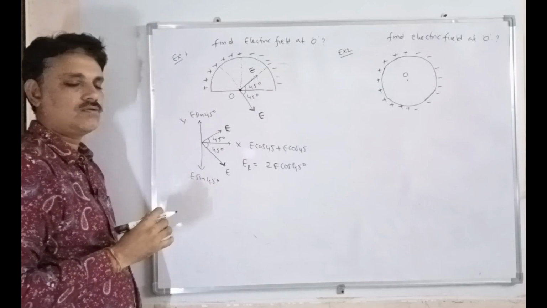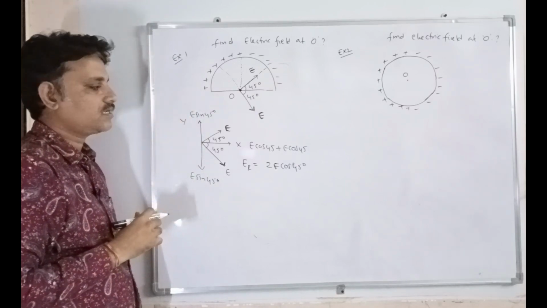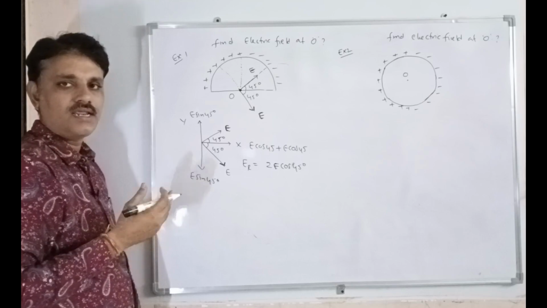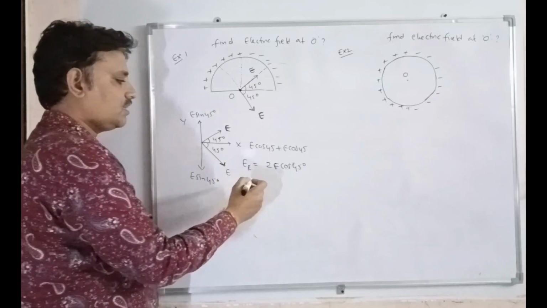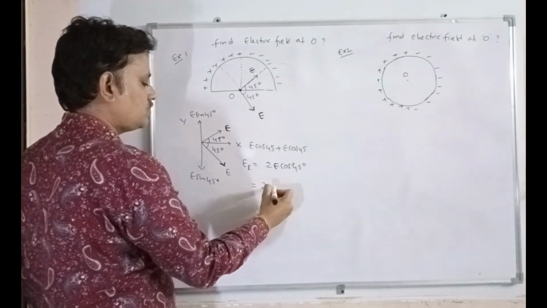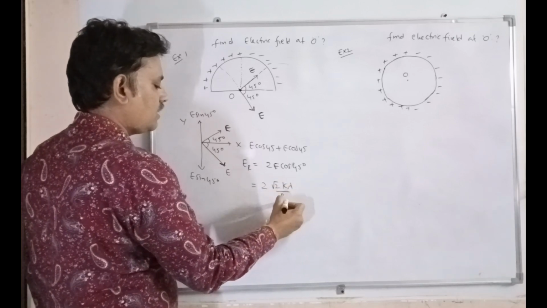Next, what is E? We calculated already the electric field due to the semicircular arc in case 1, that is 2 root 2 k lambda by r.